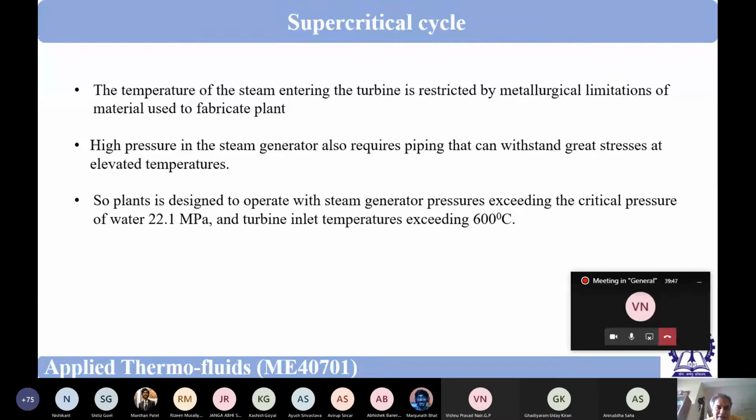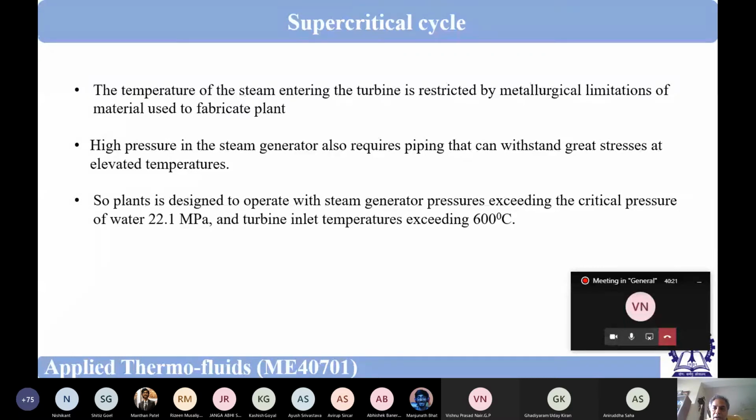Is it arbitrary that we have decided at one point of time that we will use 12 feed water heaters? And where we will put them in the turbine, at what pressure we will put a feed water heater, is it arbitrary? It should not be. So we will also look into how optimally the feed water heaters can be placed. That is later on. Now let us proceed with the supercritical cycle.